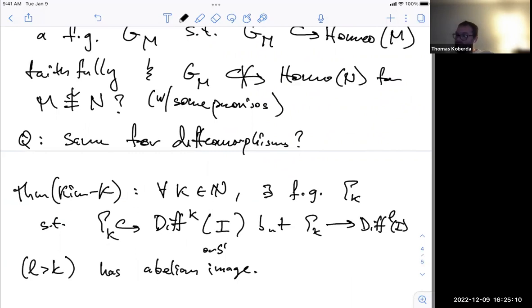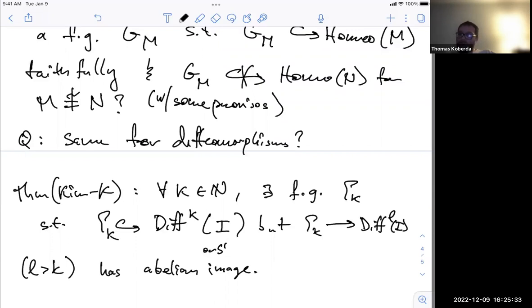So gamma k is some complicated group which has maybe a simple commutator subgroup, and it acts faithfully by C^k diffeomorphisms on your favorite one manifold, so the interval or the circle, but any smoother action factors through an abelian quotient.